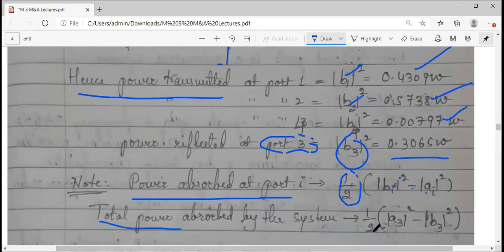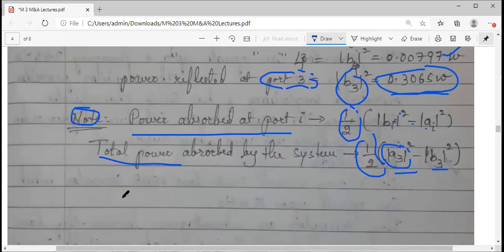For third port it will be half of incident wave कितना था, that is 1 volts and 1 watt power. So applied power is 1 watt. Reflect कितना हुआ है at 3.3065. So 1 minus 0.3065, जितना भी बचेगा, that is the power absorbed by the system. As a note I have given you, okay? It is not mandatory for you to calculate this.